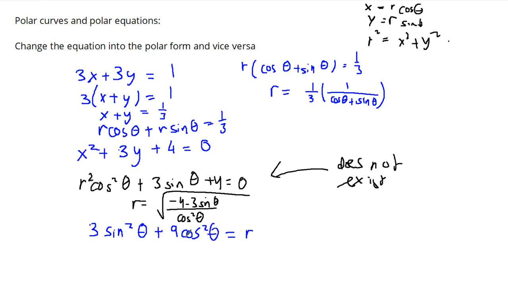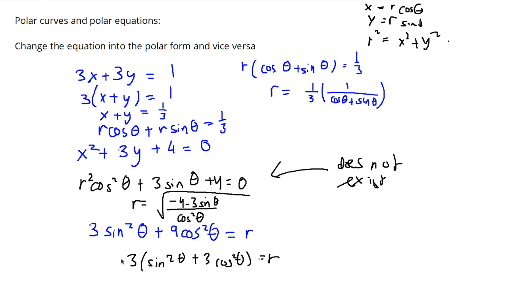What about this? So 3 sine theta plus 9 cosine theta. First of all, what we can do is take the 3 out here. We can put the sine squared theta plus the 3 cosine squared theta equal r. And if you take the x and the y, actually, what am I even doing?